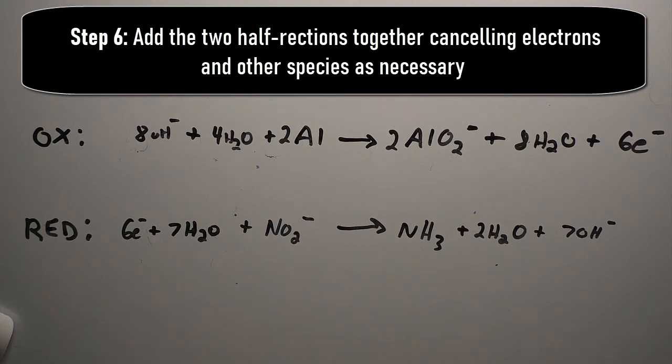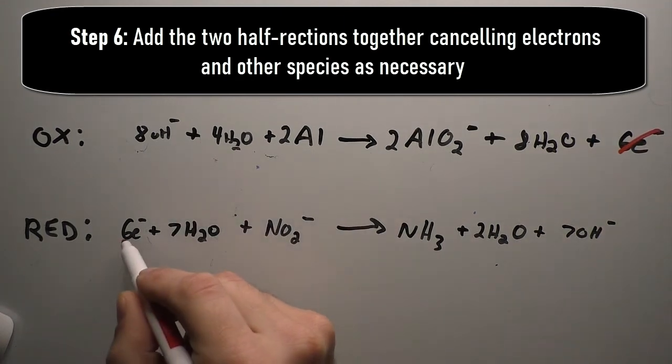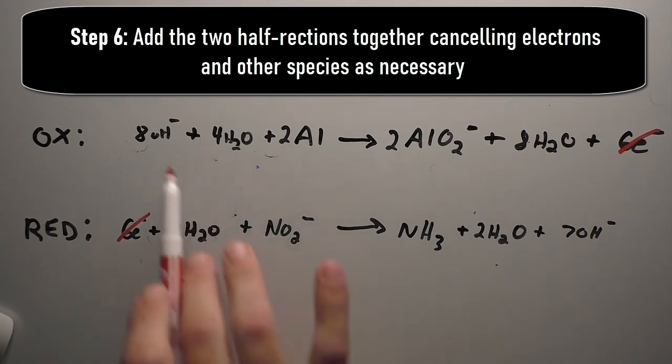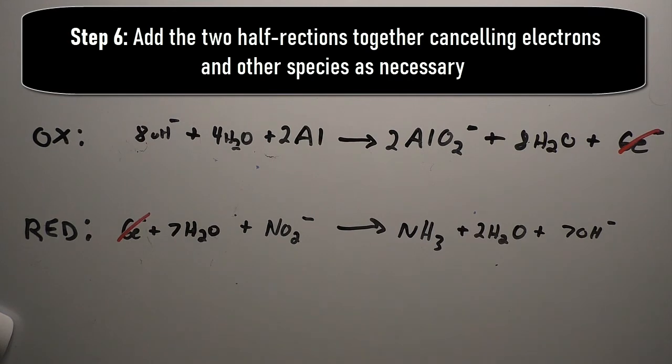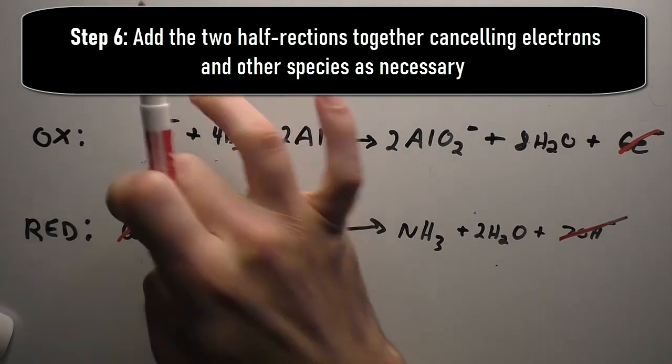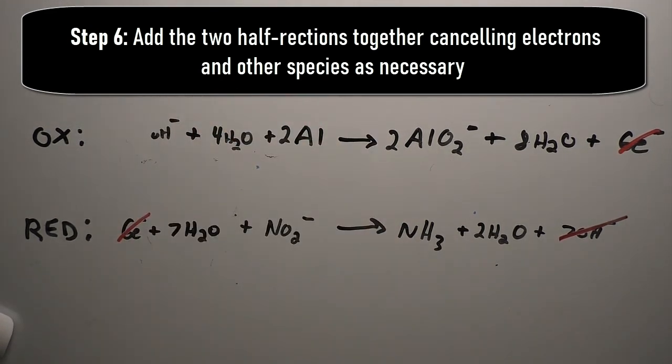So obviously, our 6 electrons are going to cancel for both half reactions. But what else can we cancel? Well, it looks like we have 8 hydroxides over here, 7 hydroxides over here. So all 7 of these hydroxides are going to cancel with 7 of these 8 hydroxides. So that's going to leave us with just 1 hydroxide ion, right?